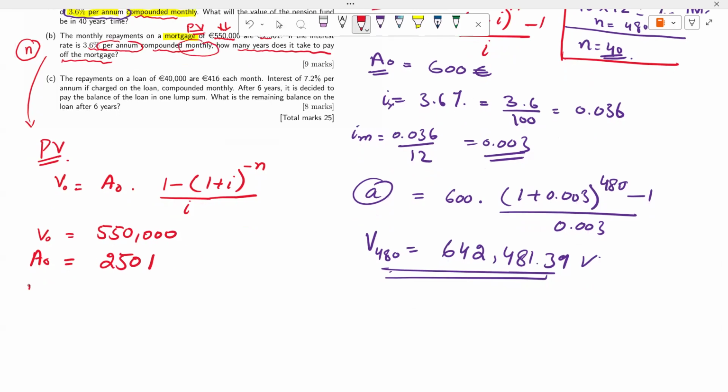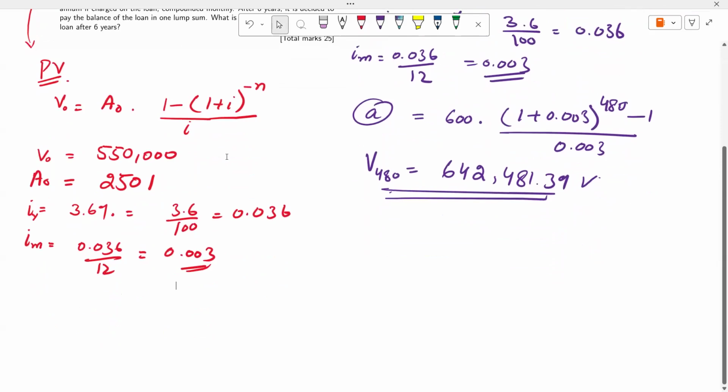So in the subscript, I'm using Y for the yearly basis: 3.6 percent, which gives 0.036. Because the compounding is monthly, I need i_m, the rate for the month. So I divide 0.036 by 12 and get 0.003, the same as we did in part A.